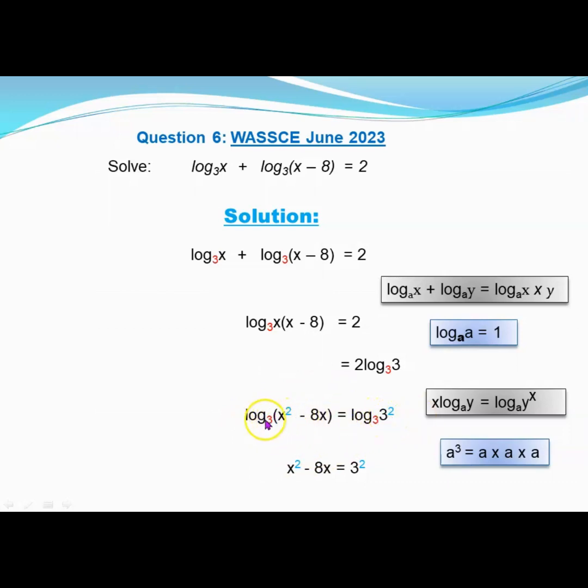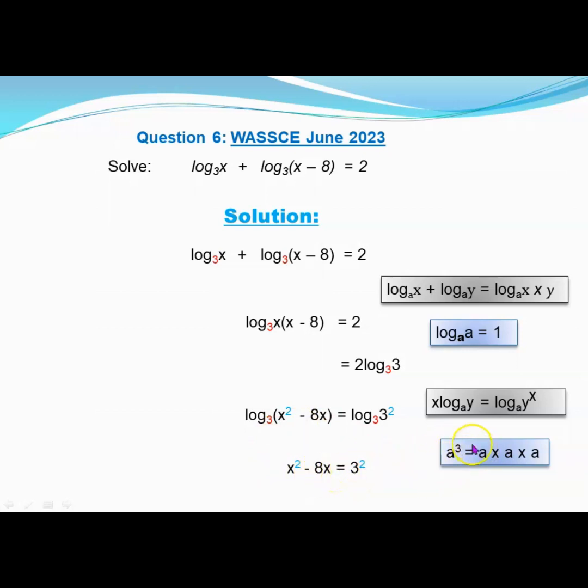So that's why we drop the base 3. Now x to the power of 2 minus 8x will be equal to 3 to the power of 2.